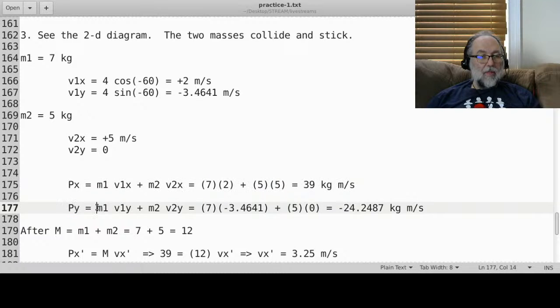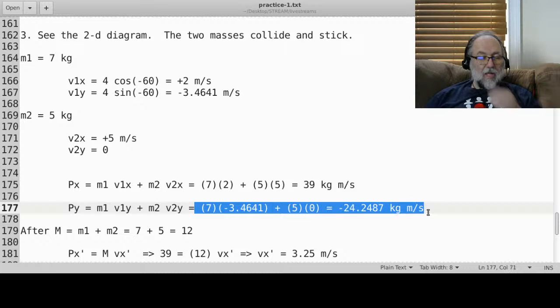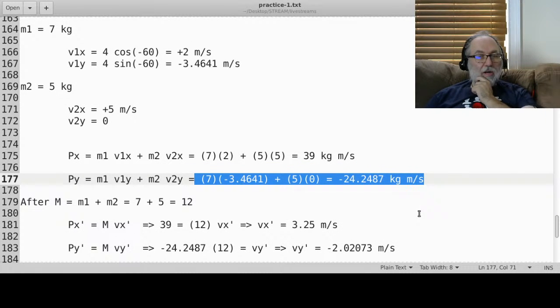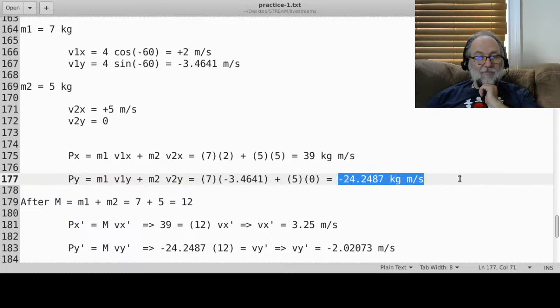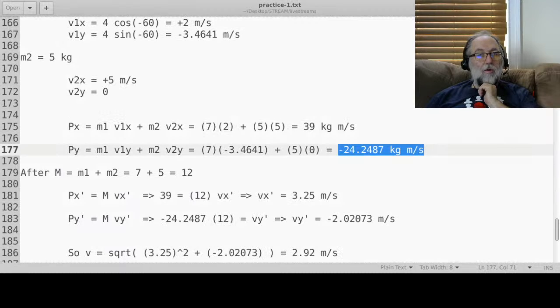Same thing for py. Substituting in, we get those values there. Now those aren't velocities, those are momenta. So the total momentum x component before is 39 kilogram meters per second. The y component before is negative 24.2487.